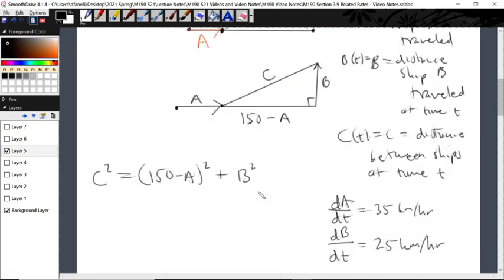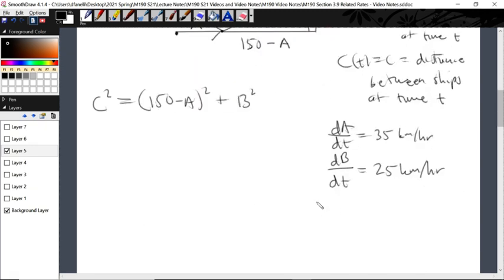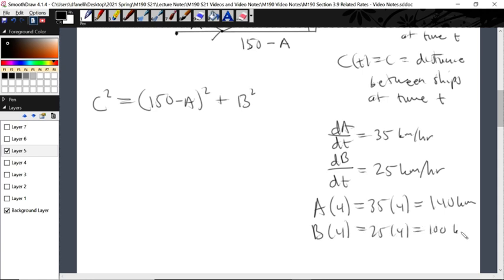We can find at 4 p.m. what distance ship A has traveled. A of 4 is 35 times 4, which is 140 kilometers. And the distance that ship B has traveled, 25 times 4, is equal to 100 kilometers.